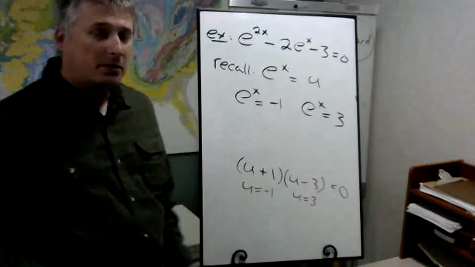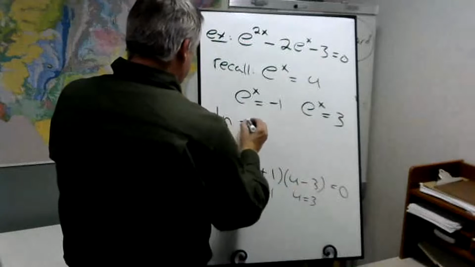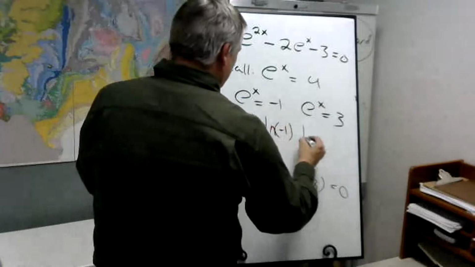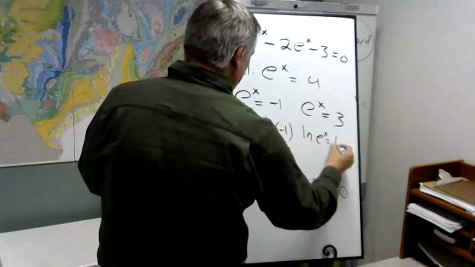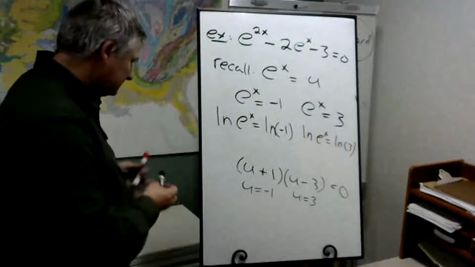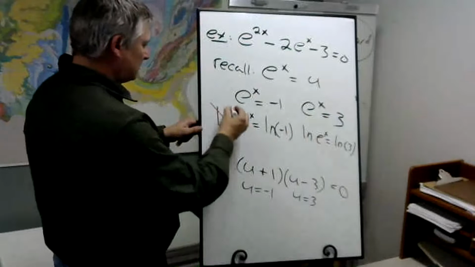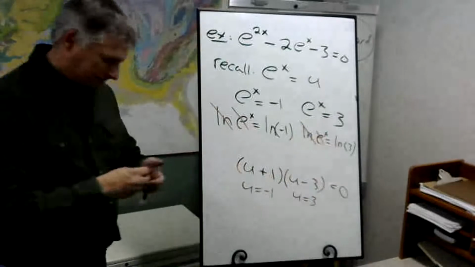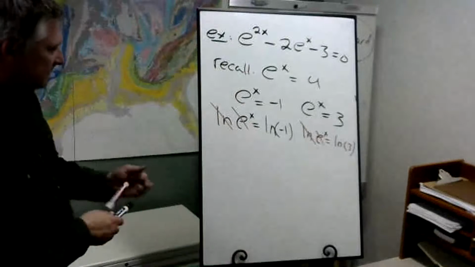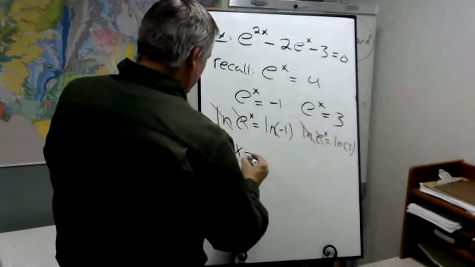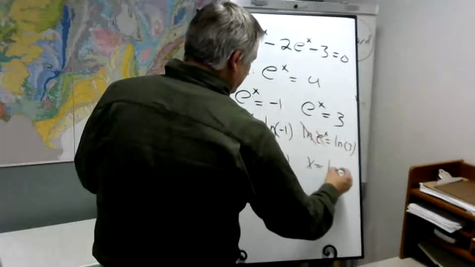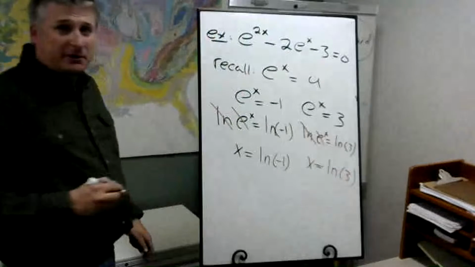If we take the natural log of both sides, well, natural log and e will cancel. So we get x equals natural log of negative 1, x equals natural log of 3.